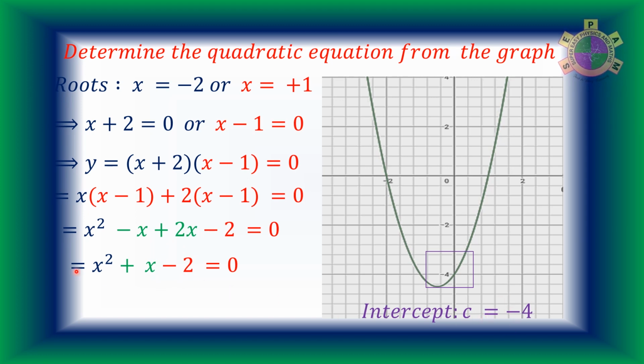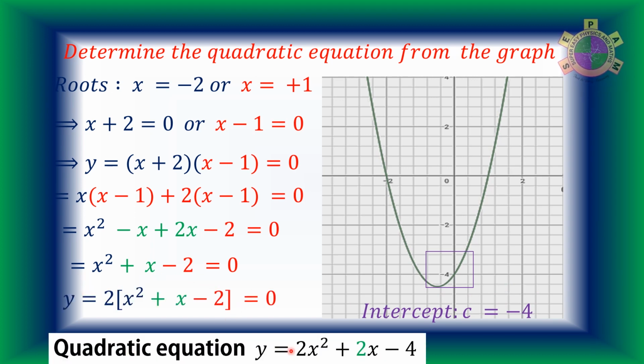What will we do to negative 2 to give us negative 4? You multiply by 2. So if you multiply everything by 2, that will give us the equation of this quadratic graph. So y is equal to 2x squared plus 2x minus 4. So that is the equation of this graph.